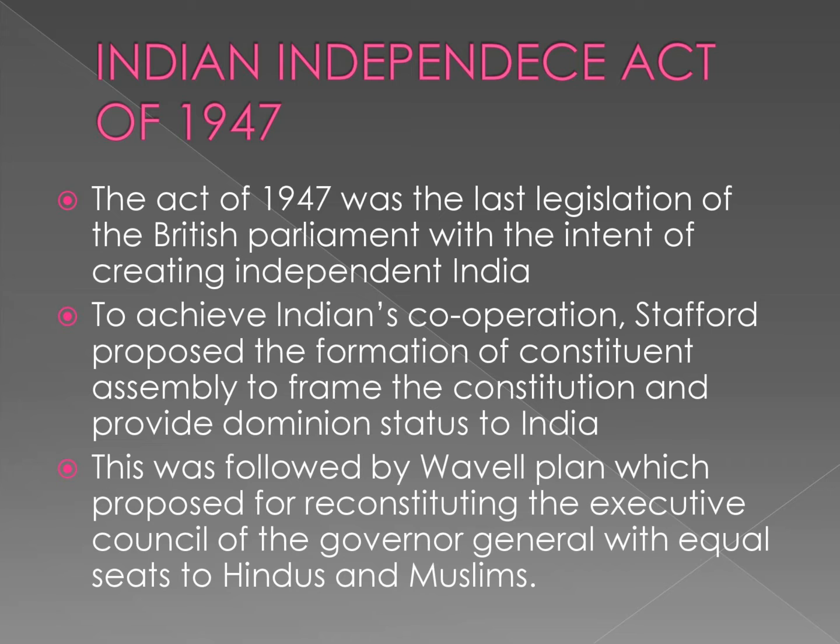So this act came into existence due to the defects in the Act of 1935, because the Government of India Act 1935 failed to satisfy the demands of the people of India.